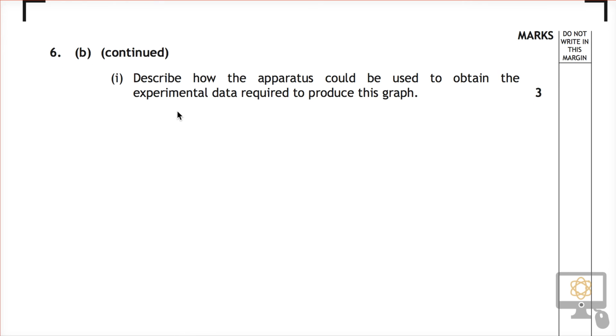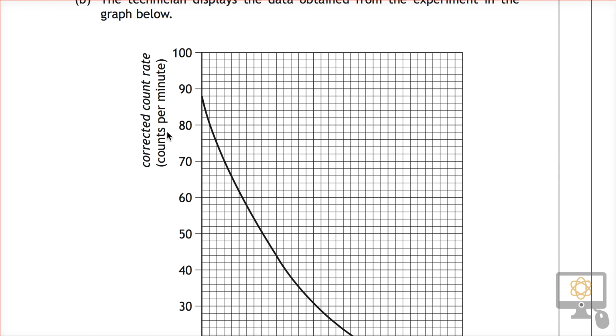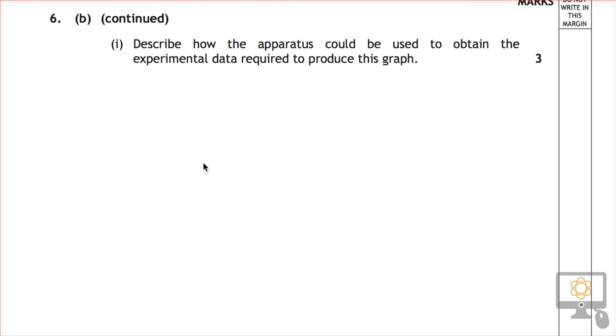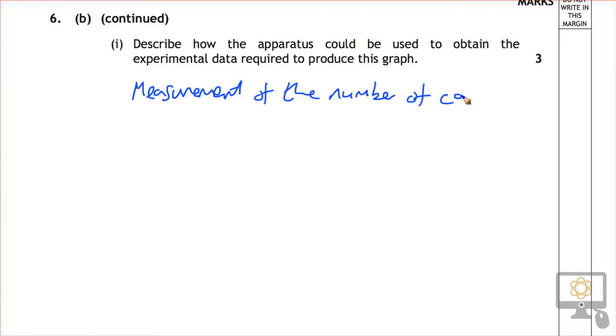Given that it's said in the graph that it's the counts per minute, the first thing you would say is that there's a measurement of the number of counts in 1 minute. That's the first thing to say.